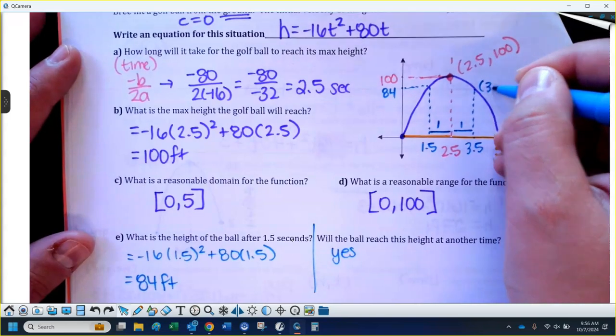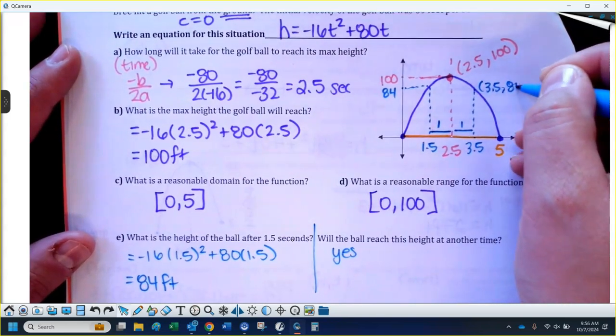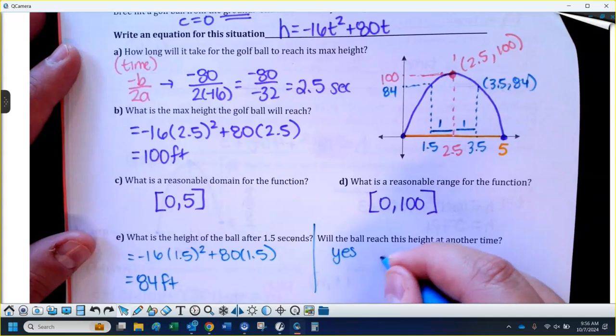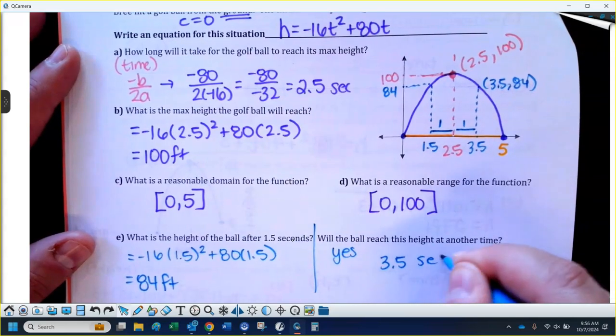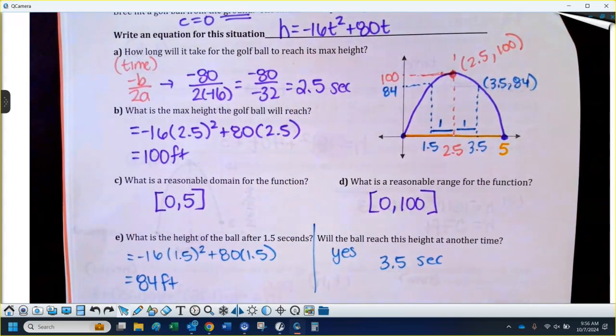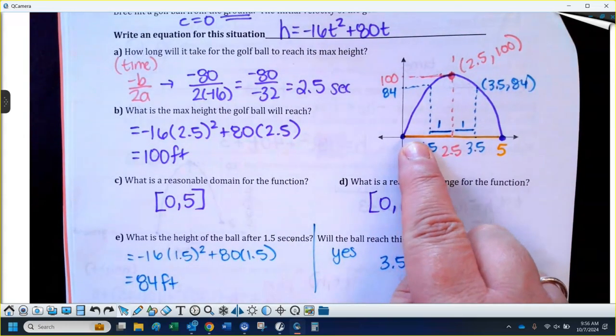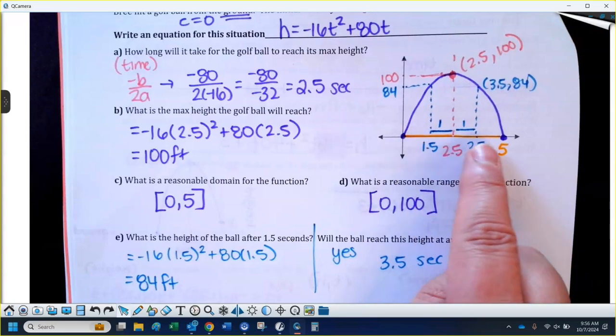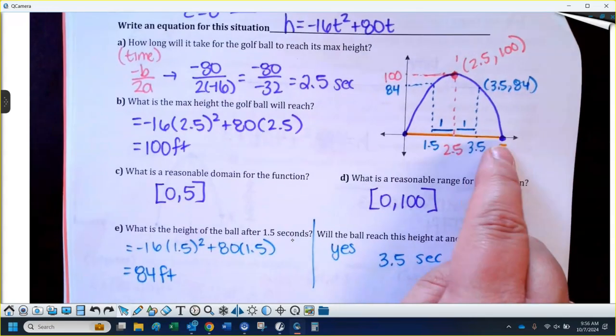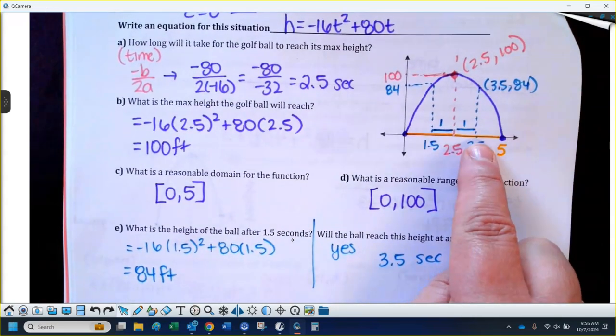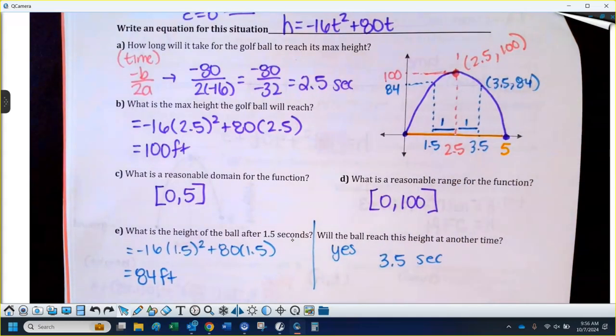So this would be 3.5, 84 here, based on my lovely picture. The other way somebody did that last period, which I also thought was interesting, they said, okay, well, bless you, this was 1.5 seconds here, so they knew this piece would have to be a mirror image, so they did 5 minus 1.5, which would give you the same thing, 3.5 seconds. We're just using symmetry there. That axis of symmetry is right in the middle.